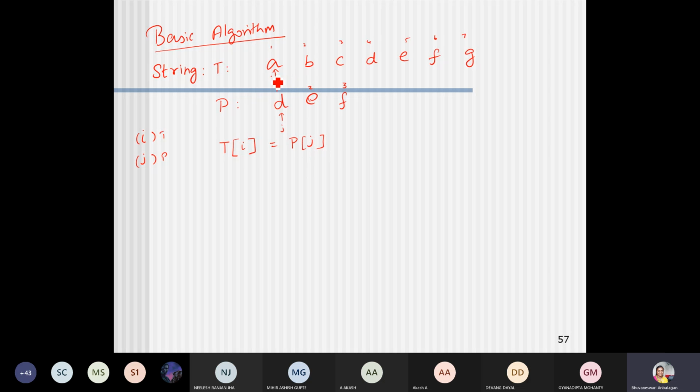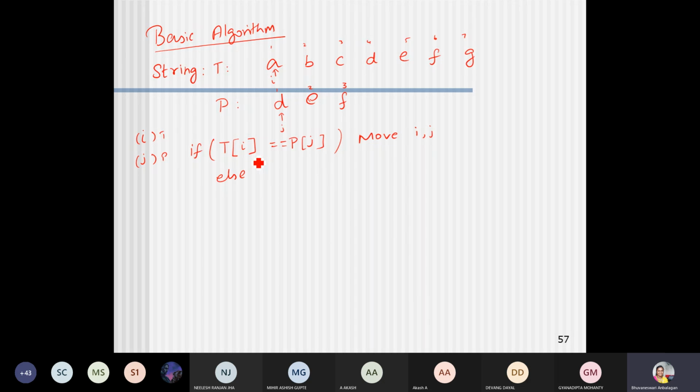What I will search is whether the alphabet in the text equals the alphabet in the pattern. So A and D, whether it matches? No. If the letter in T of I equals the letter in P of J, then you increment both I and J to check whether the next consecutive alphabets get matched.